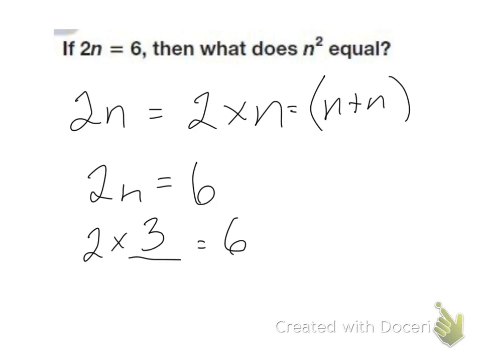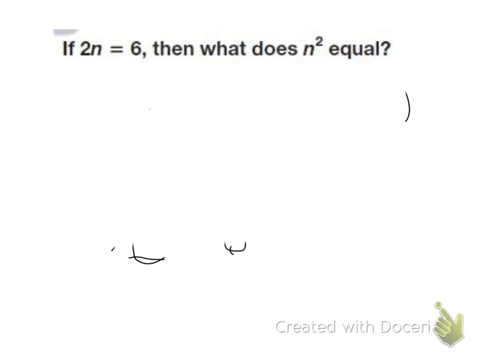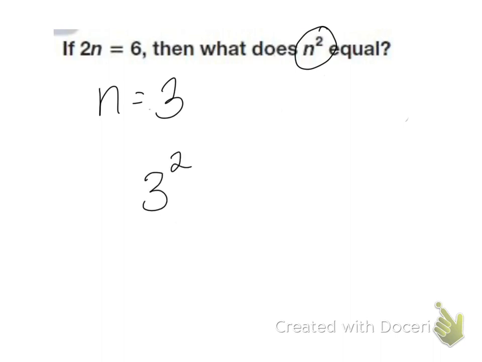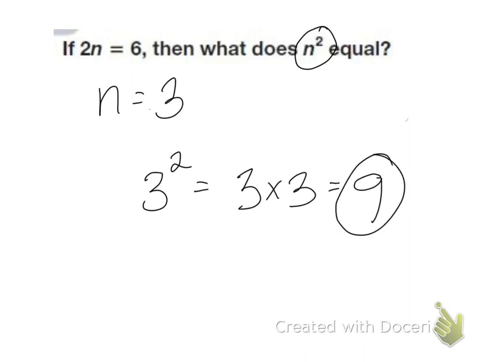Well, 2 times 3 equals 6. So n equals 3. Now I want to know what n squared equals. n squared would be the same as 3 squared. 3 squared is the same as 3 times 3, and 3 times 3 is 9. So my answer would be 9.